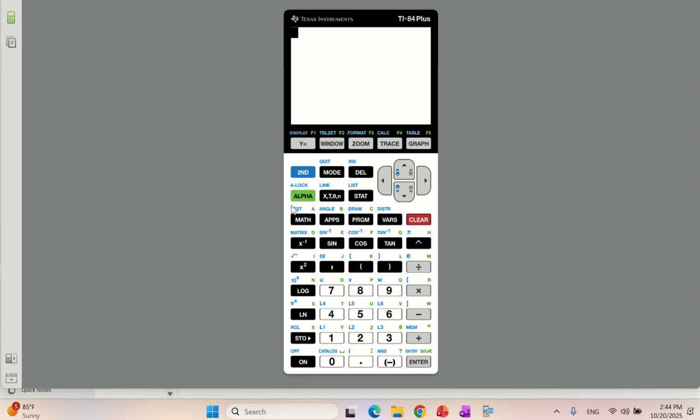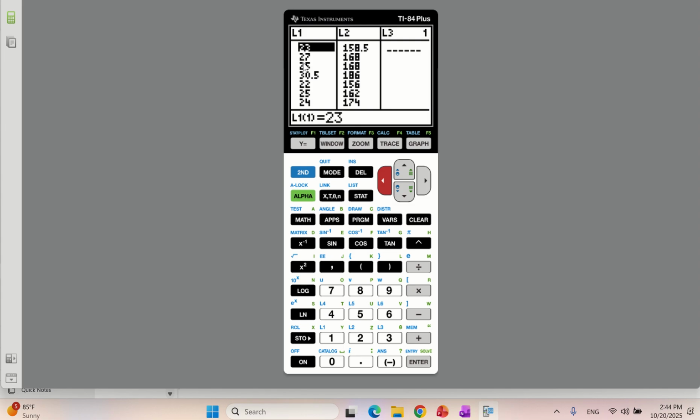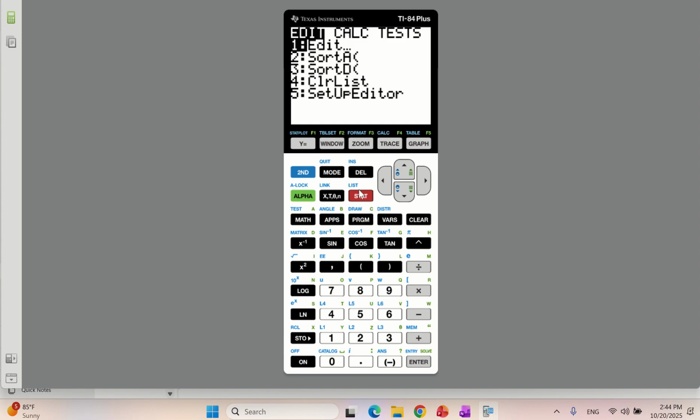But in any case, let's go ahead. What we're going to do is go to Stat and then Edit, and then we're going to enter the data, which I've already done here to save time. So I got my List 1, List 2 for my foot length and arm span. Next, we're going to go to Stat. So a couple things. If you go to Vars and you go to Statistics, that will give you your R value, which is what we want.